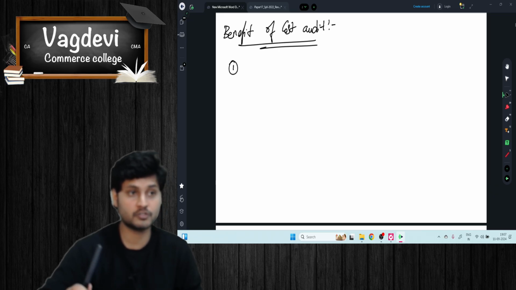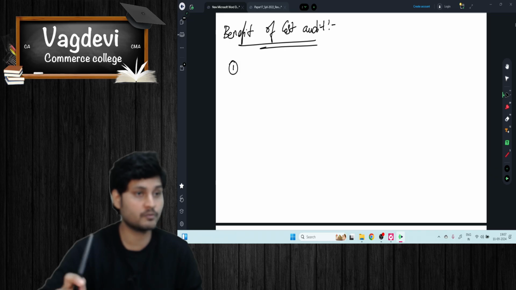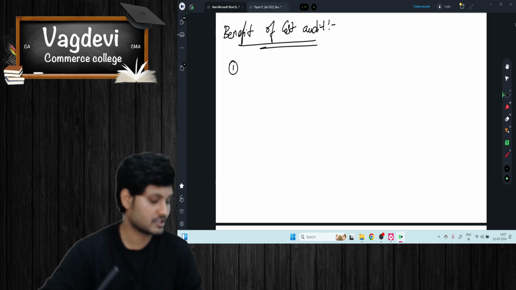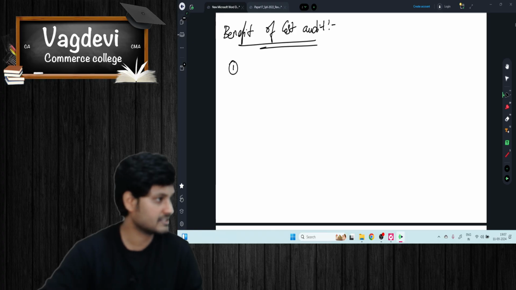In 2008, the expert group was set up in India for the purpose of review of existing cost accounting records and cost audit.